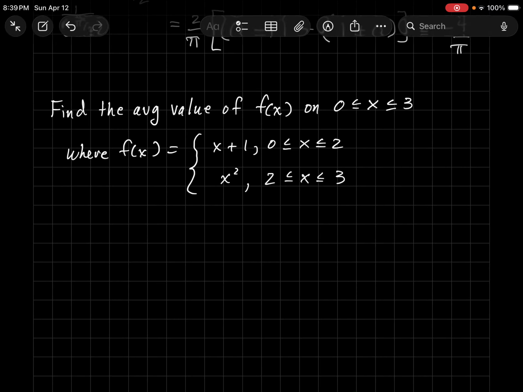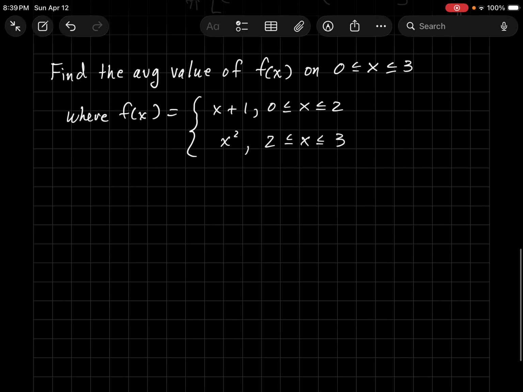How do we handle this? The exact same way. The average value of anything is 1 over b minus a times the integral from a to b of that anything. This is how we do it. The only problem, if there is a problem, is how do we integrate this part?